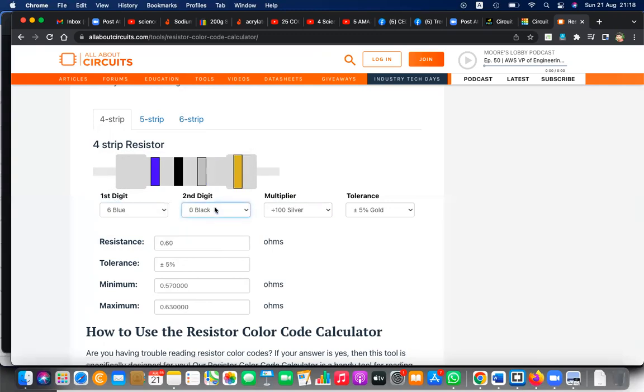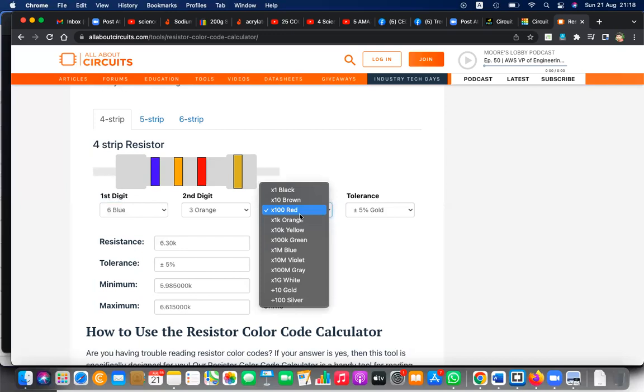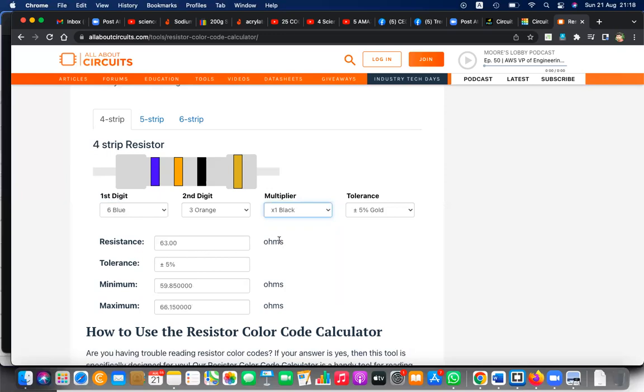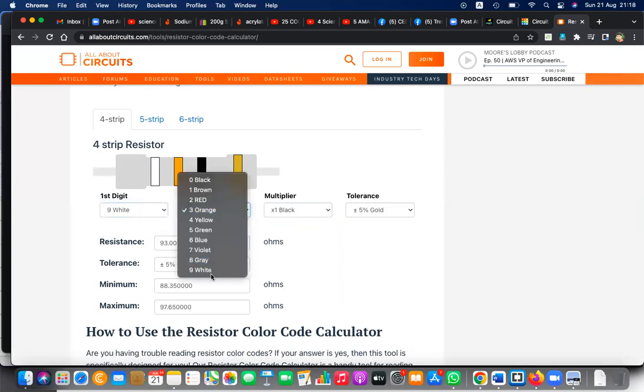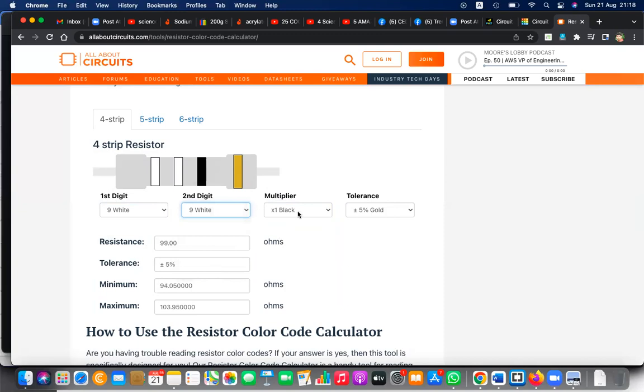If you want to make it like 63 ohms, and if we want 100 ohms, we can make it 100. 93 is close to 100. So this is white, white and black. That is closer to 100 ohms. White, black, and here gold is showing the tolerance.